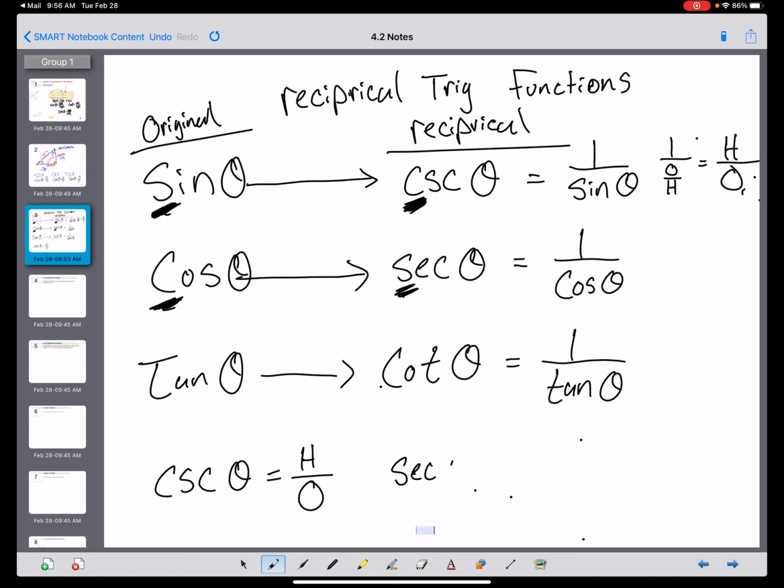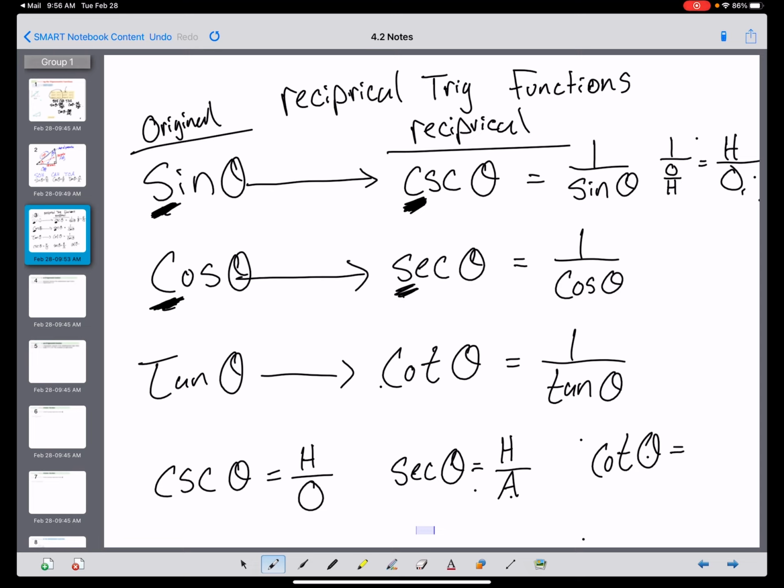Secant of some angle, well, if the reciprocal is cosine, and I know cosine, caught another hippie, cosine is adjacent over hypotenuse, then the reciprocal of that is the hypotenuse over the adjacent. And then tangent and cotangent, right? The cotangent of some angle is the reciprocal of tangent.